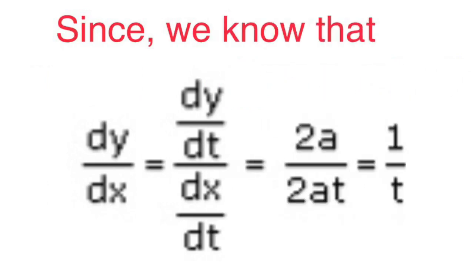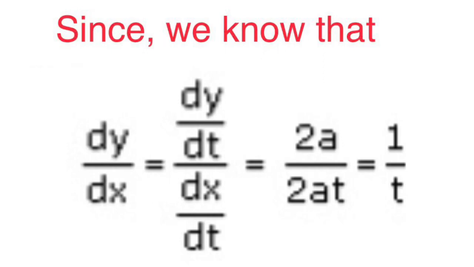Since we know that dy upon dx equals dy upon dt upon dx upon dt, we have calculated the value of dy upon dt as 2a and dx upon dt as 2at.